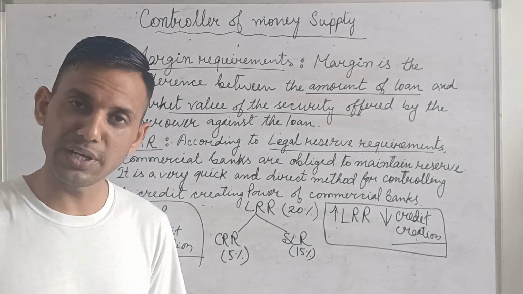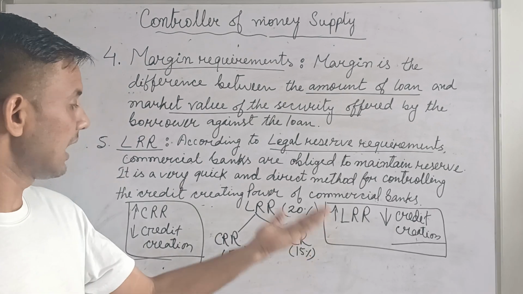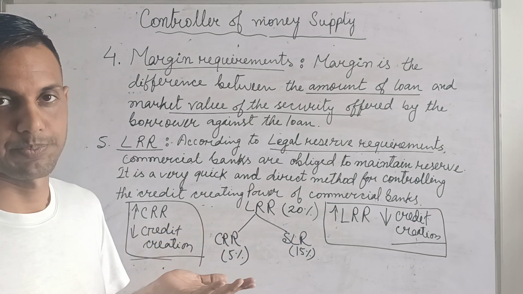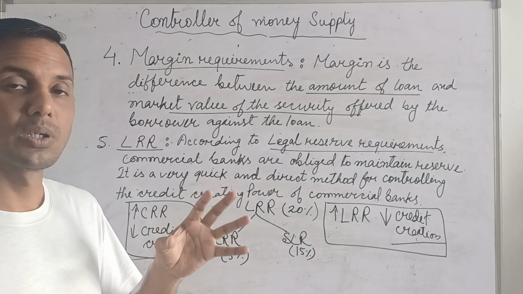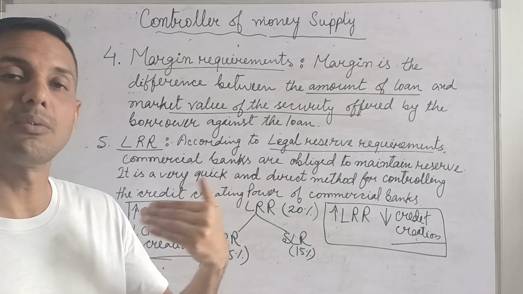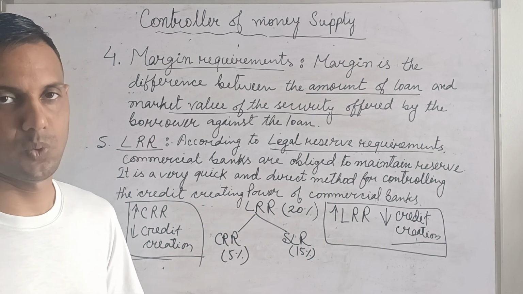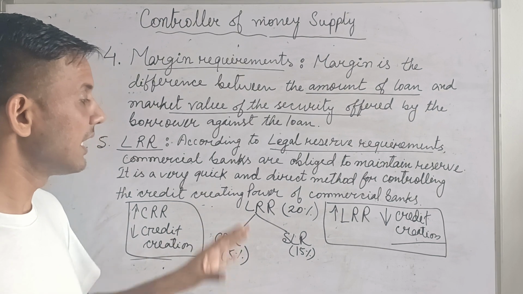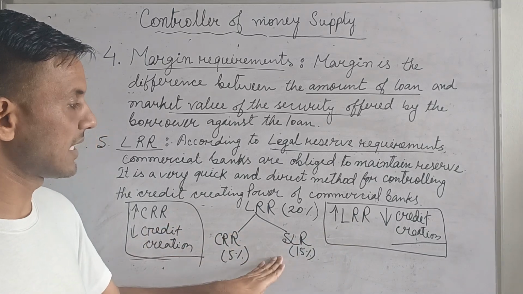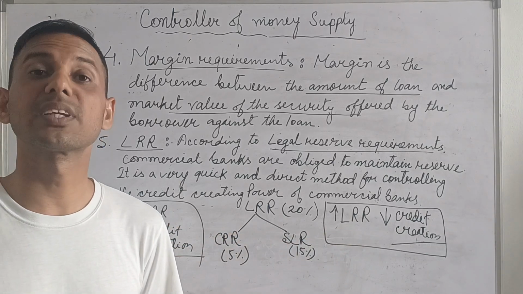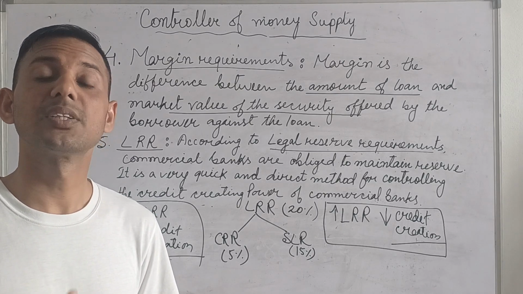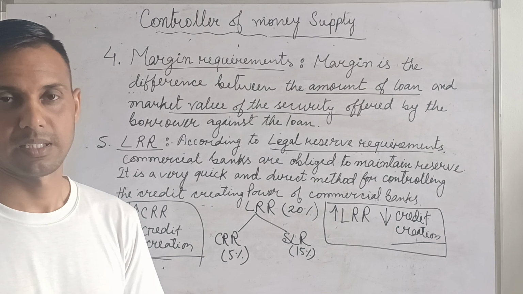When inflation is there, LRR, CRR, and SLR will increase so that the central bank can control commercial banks in advancing loans. And when deflation is there, they will reduce LRR, CRR or SLR so that commercial banks can provide more credit to the public.